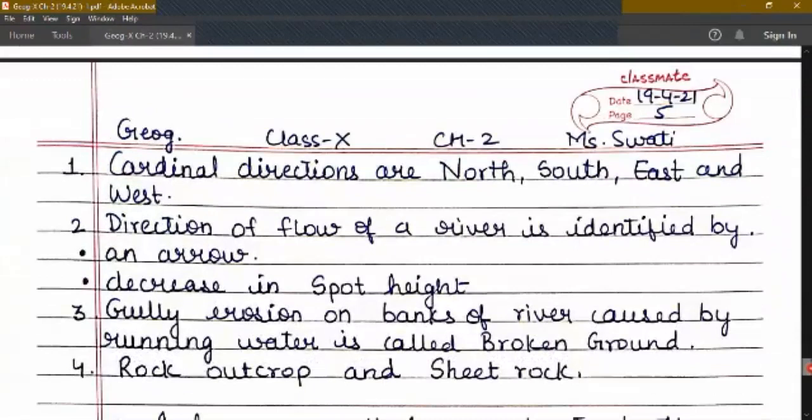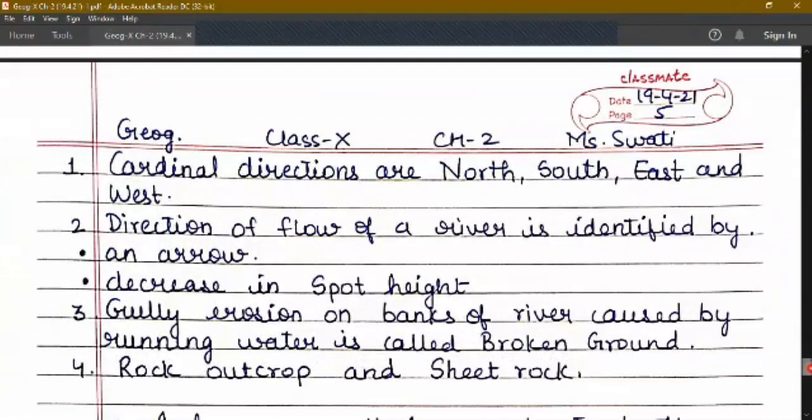Now, children, let us discuss the answers. Answer number 1: cardinal directions are north, south, east and west. Answer number 2: the direction of flow of a river is identified by either an arrow or decrease in spot height.